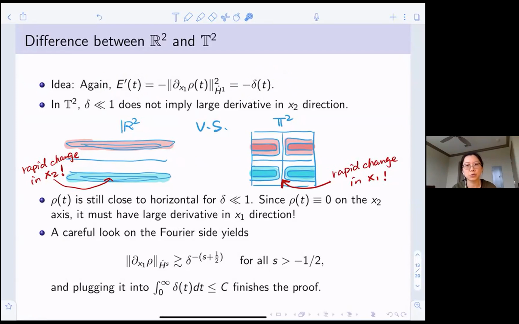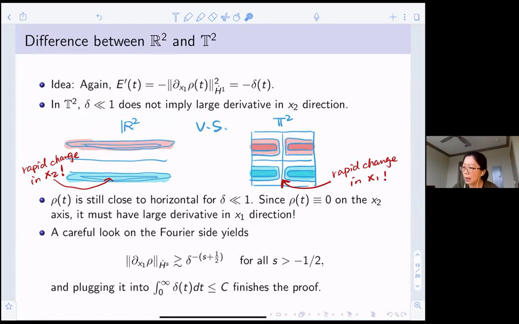However, the difference is that in R^2, our idea was that as soon as delta is tiny, the solution has to be extremely stretched out in the horizontal direction, and therefore its vertical change must be large pretty much everywhere.